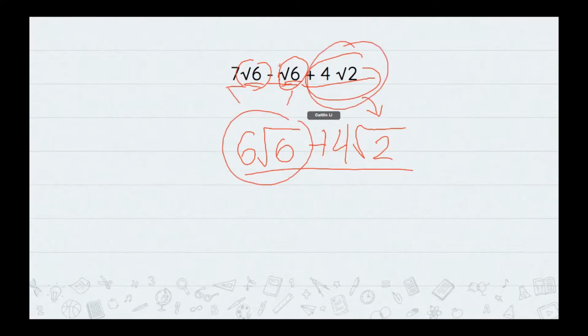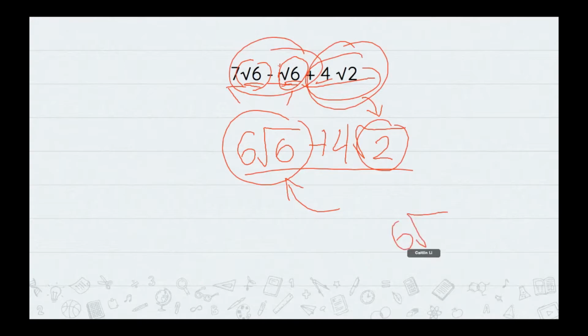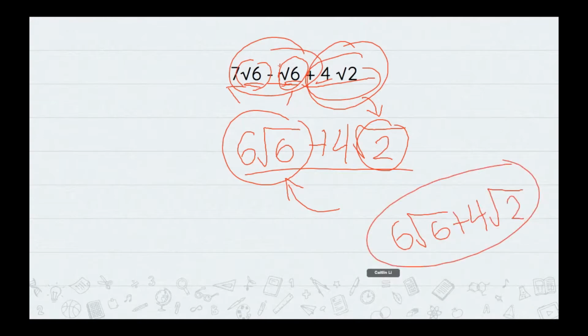But you don't add into this part, because the radicand is not the same. You also don't add 4 into these two when you combine them. So you just bring it down, and you would have, again, 6 radical 6 plus 4 radical 2. And that's your final answer.